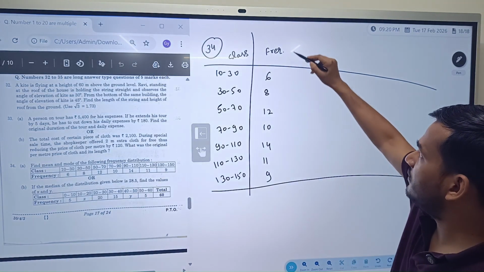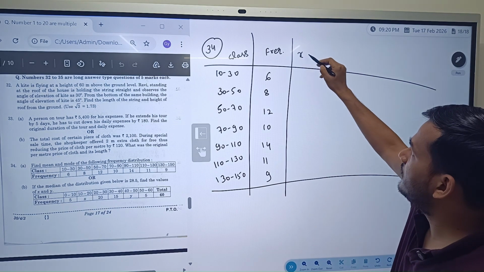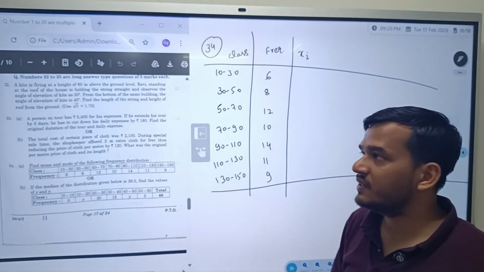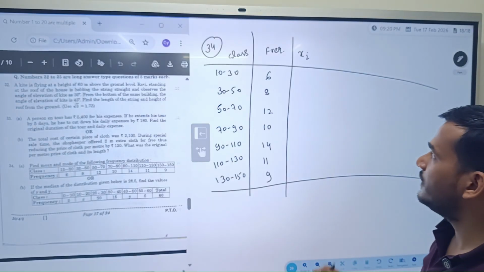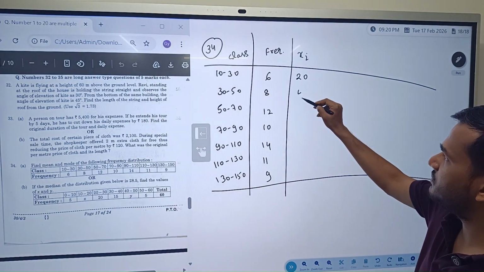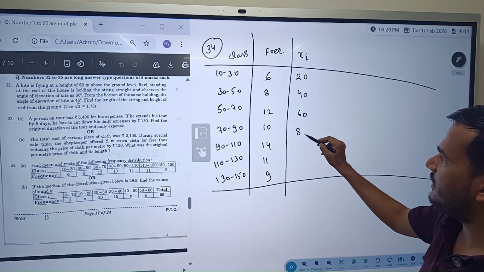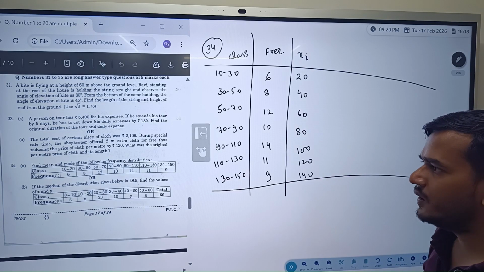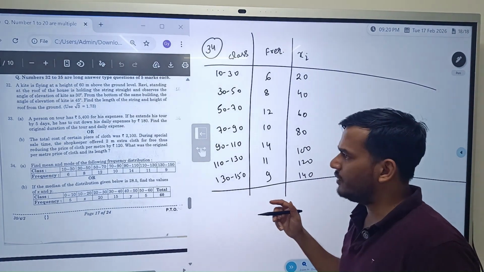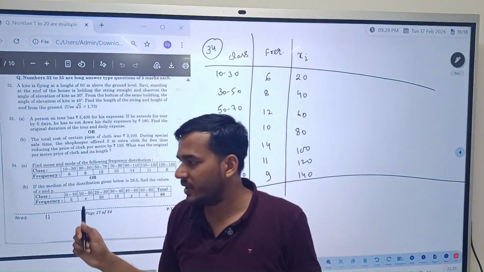So to find the mean, we will write the class mark, that is xi. Class mark is the average of these two: 10 plus 30 by 2, that is 20. So this becomes 40, 60, 80, 100, 120, 140. The mean value we will find with the help of the step deviation method.